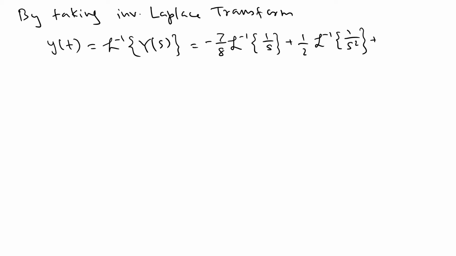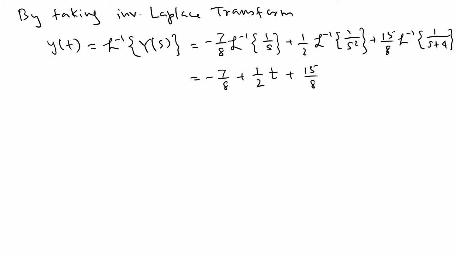Same thing, pull the constant out, and then take the inverse of 1 over s plus 4. Now we go term by term. 1 over s means 1, so you get negative 7 over 8 plus 1 half. 1 over s squared means t, and then plus 15 over 8.